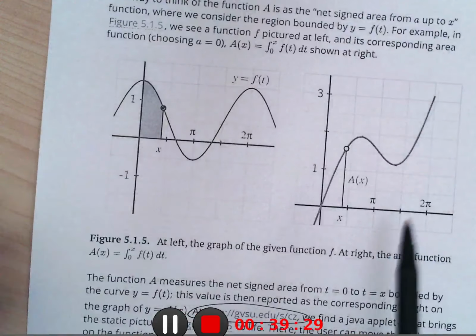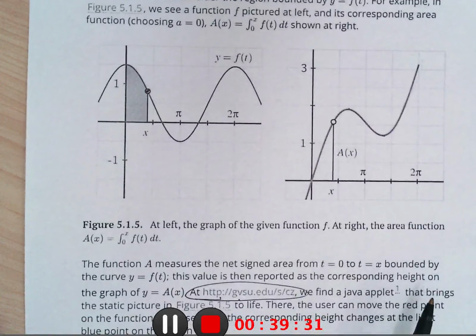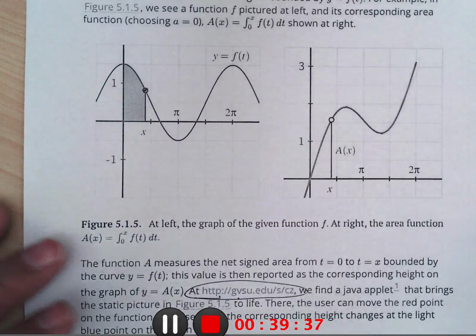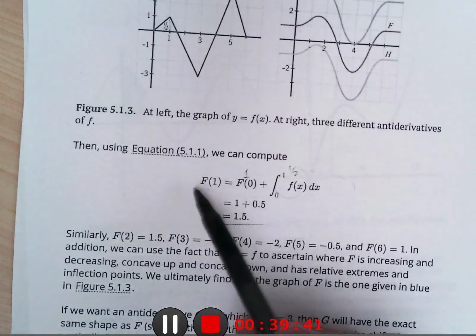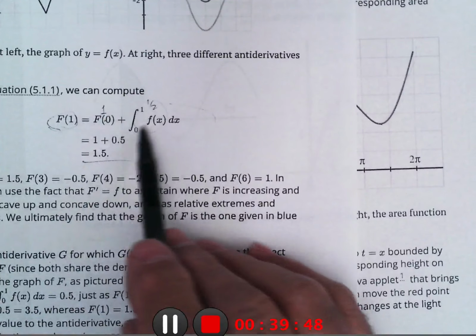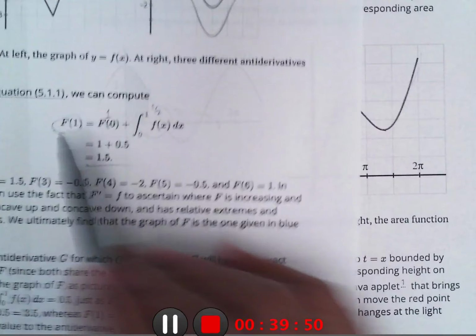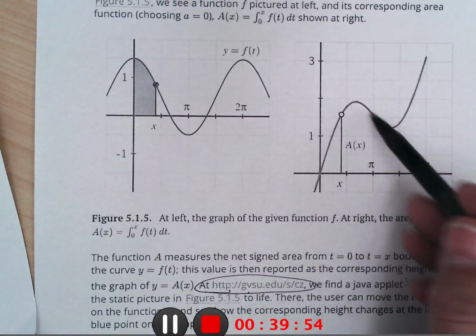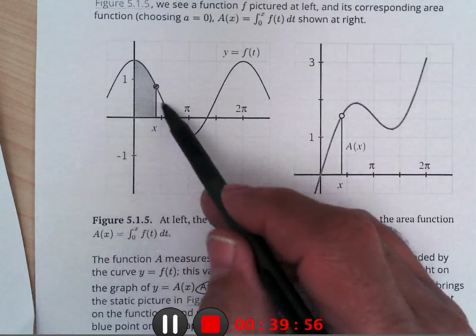That's what they wanted you to see on that, and that's what I want you to see on that. Okay, and that strengthens the idea of this. Wherever you start at, they're starting at 0. Added to the area under the curve makes the other curve. It tells you what the final height is for the area added up to that point.